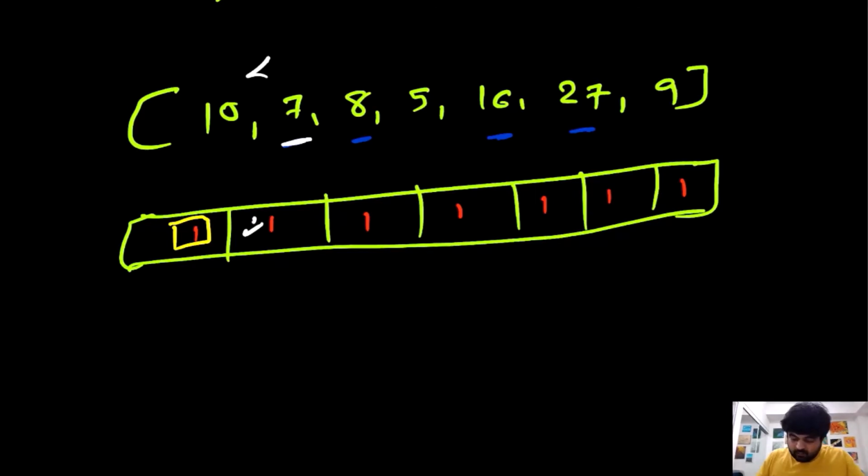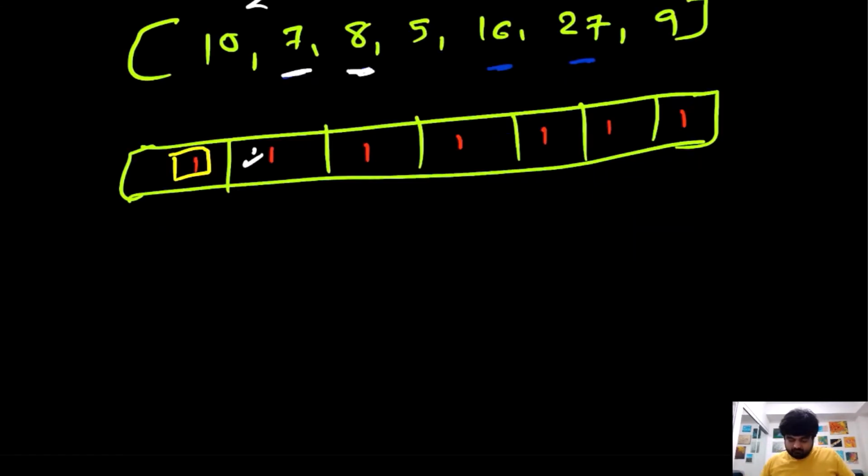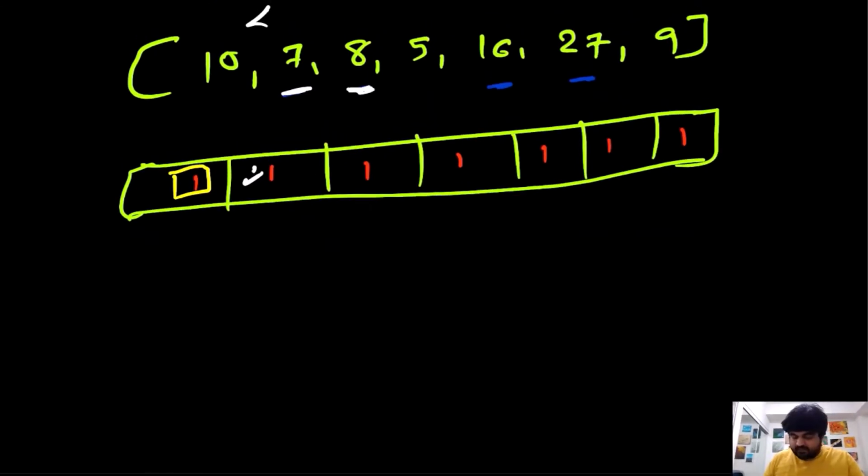But now when we come to 8, we have two possibilities. What are the total substrings we can make up until this point, up until 8? For this value 8, what is the one thing that we can determine? We can determine that there are 3 possibilities of substrings we can compute.